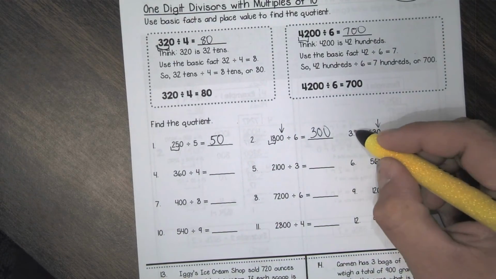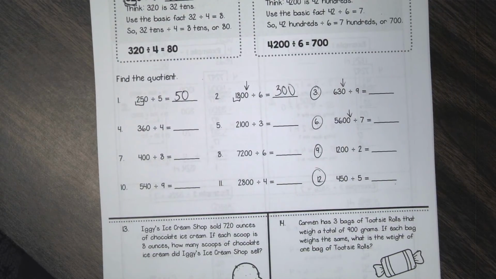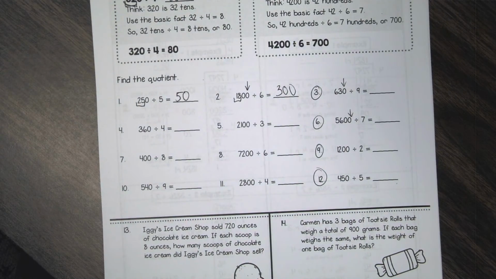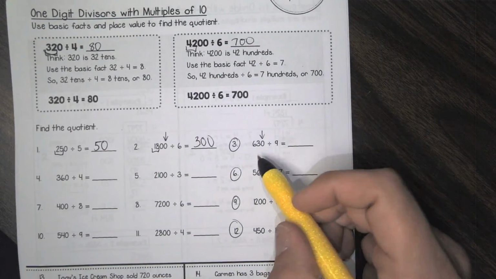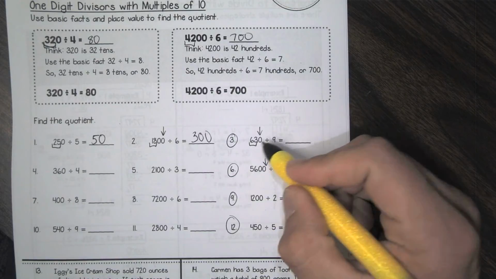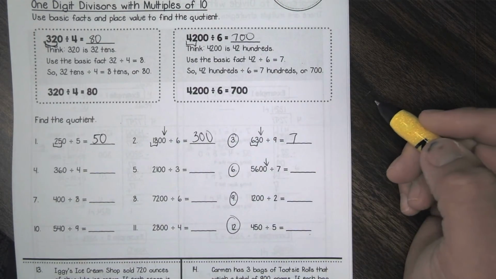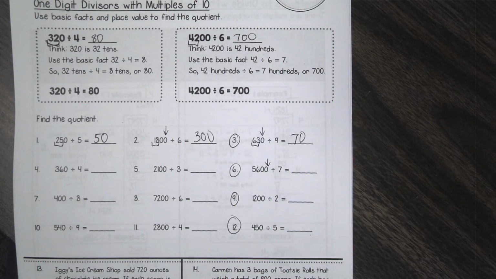Okay, so go ahead and try to do 3, 6, 9, and 12. 630 divided by 9. So we're looking at 63. What's 63 divided by 9? 7. So how many zeros do we have? 70.